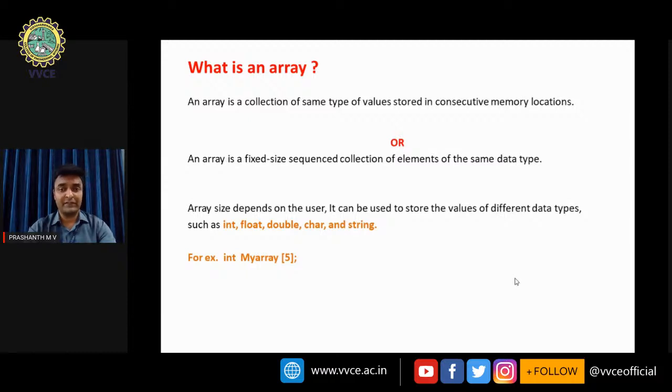For our convenience, we can give the array size as 5, or 10, or 1000, or whatever it is. At the same time, we can use different data types. You know the different data types, that is int, float, double, character, strings. By using all these data types, we can store the values.